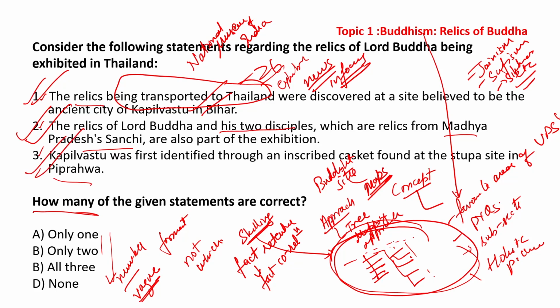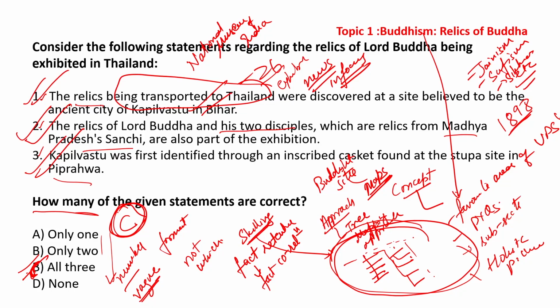This statement is also correct. If you look at the origins, it dates back to 1898 when they were unearthed from the site in Bihar, believed to be the ancient city of Kapilavastu. So that makes all three statements correct. And hence, in this case, the correct option to mark would be option C.